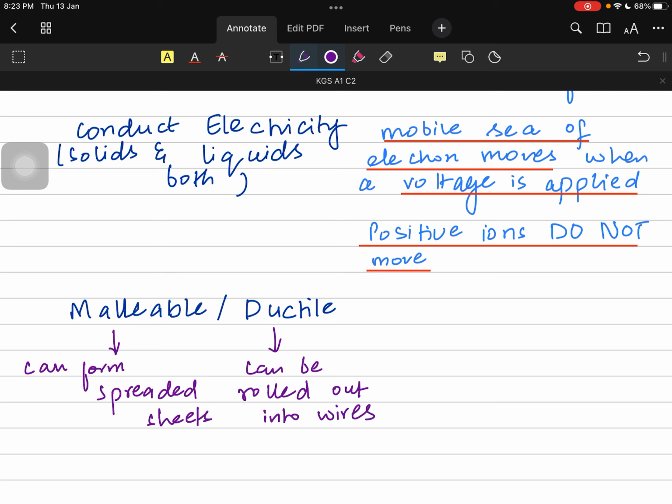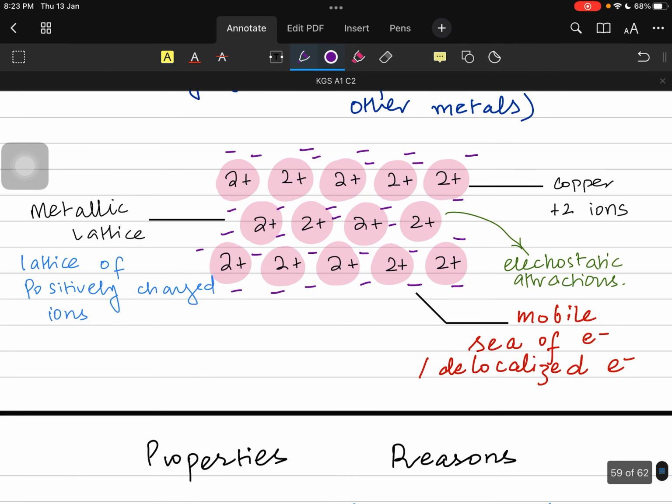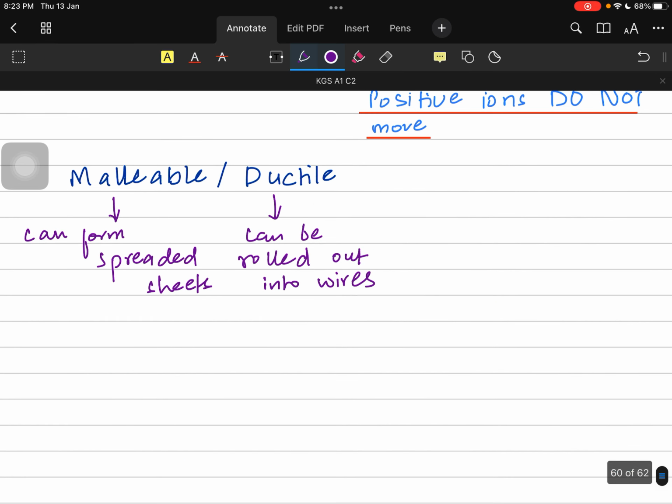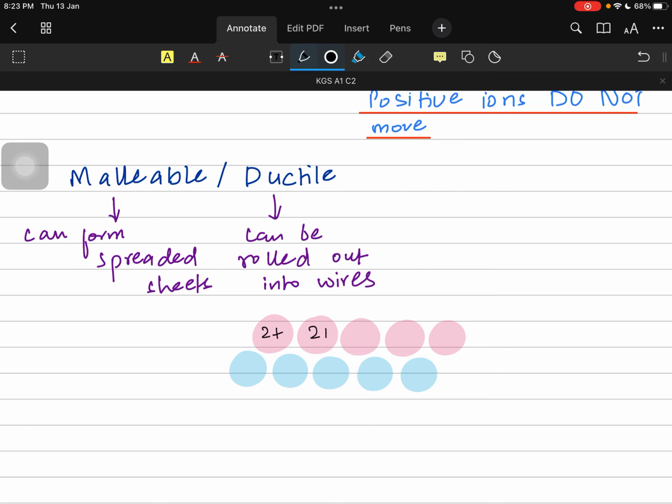Why are they flexible? How are they so strong yet flexible? Because the metallic lattice has layers, and these layers can slide over each other without breaking apart, without the attractions being overcome. So for example, let's have layer number 1, and let's have layer number 2. Obviously, both are copper layers, so they are positively charged over here.